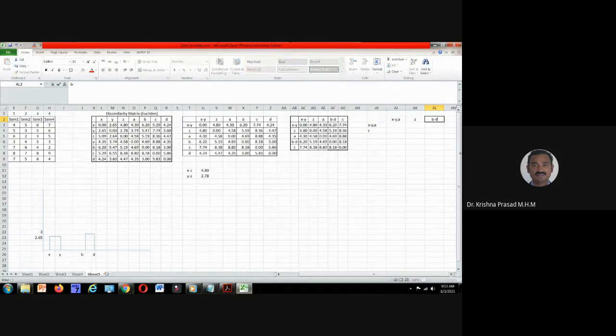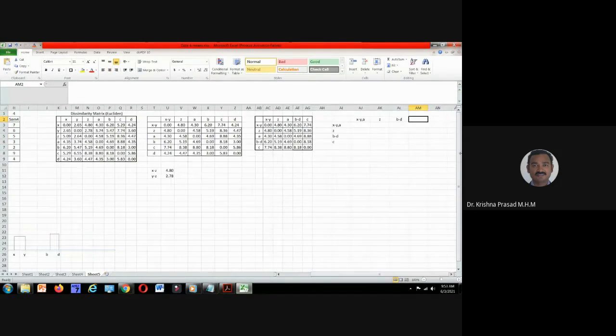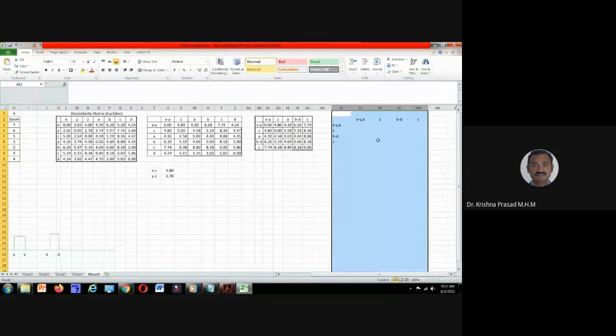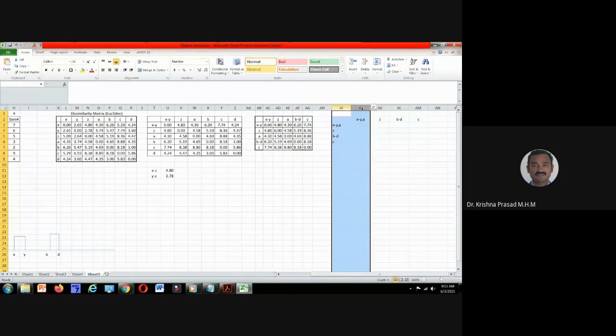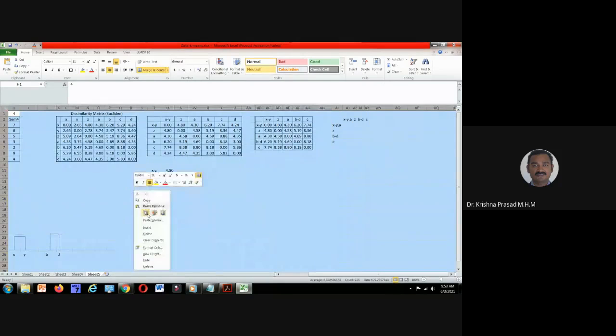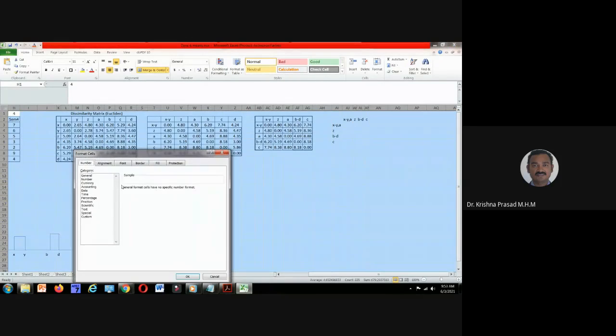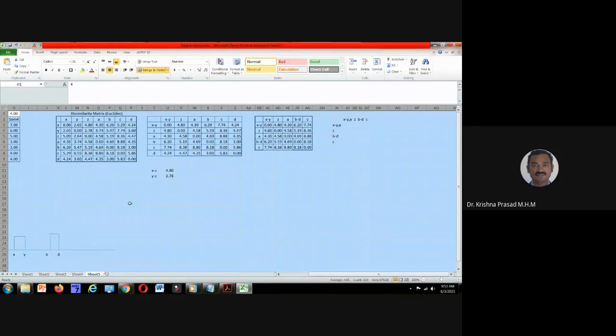B and D is there. Then C is there. Right or not? Now you need to build right away. I can say the number of decimal places 2 only. Right?